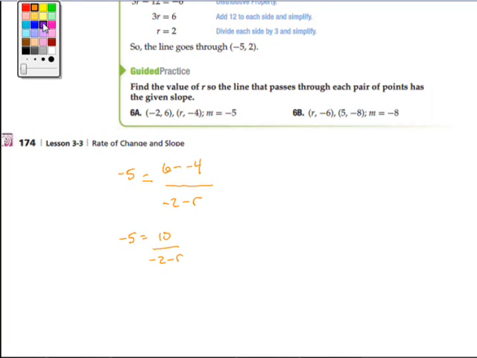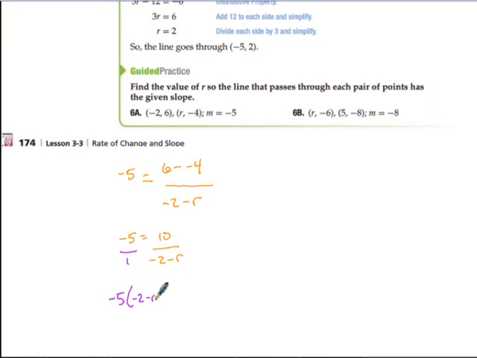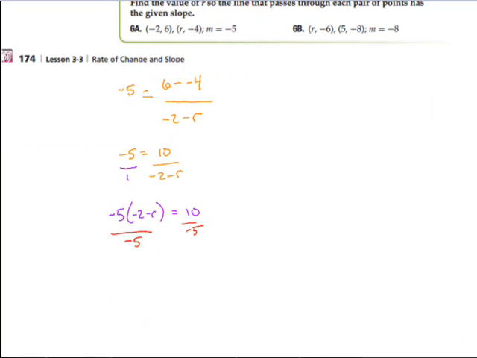So we're going to cross multiply. The 5 is really 5/1. So I'm going to do -5 times -2 minus r equals 1 times 10, which is 10. I'm going to divide both sides by -5 in my efforts to solve.